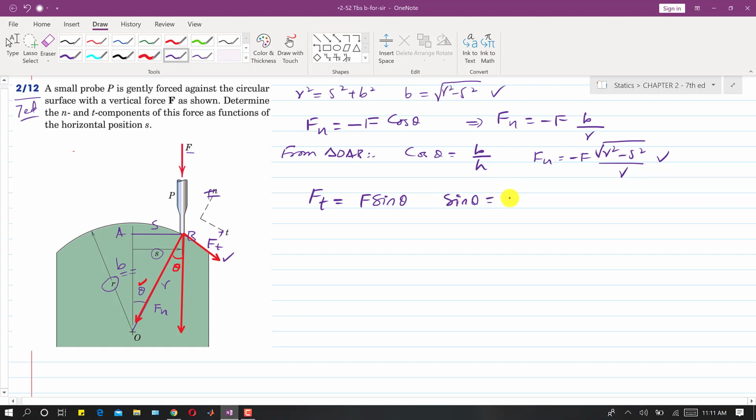It will be perpendicular over hypotenuse. The perpendicular is S and the hypotenuse is R, so sine theta is S by R, right? Then F of T will be equal to F S divided by R. These are the two components of F as a function of S, the required components of this force.